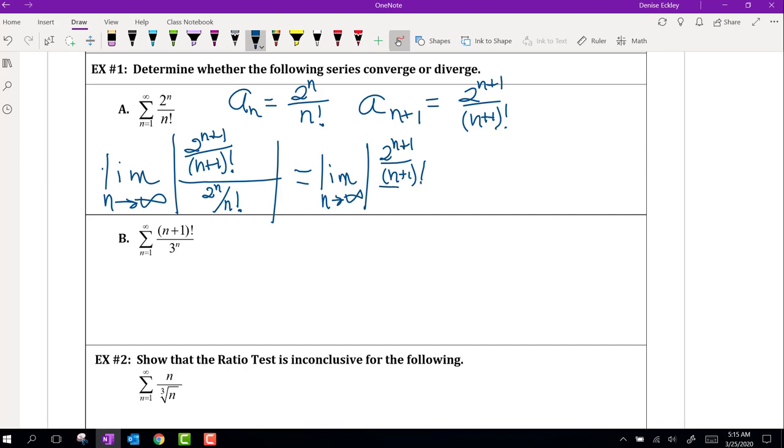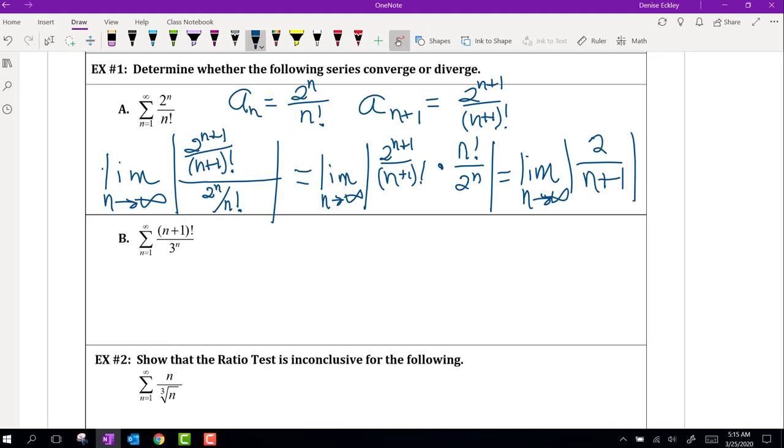However, if you want to show it, this would be times, and then the bottom would be flipped over. So you would have the limit as n approaches infinity of the absolute value. You're just left with 2, because the 2 to the n's would divide out, over just n plus 1, because all the other factorials will cancel out.